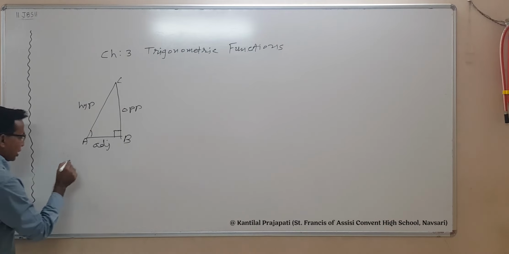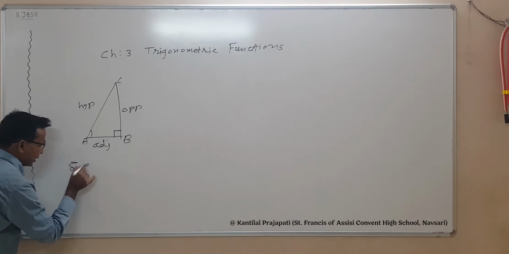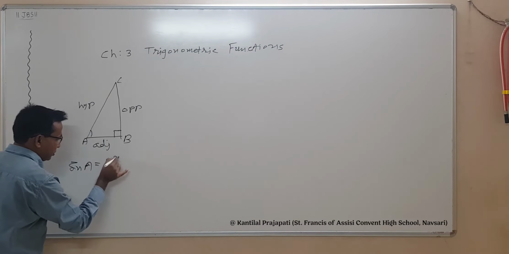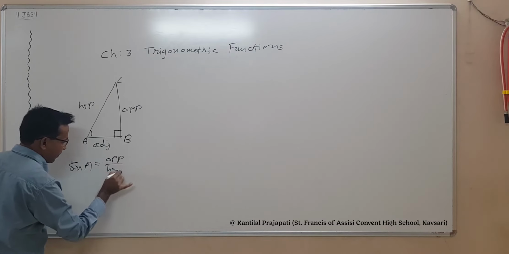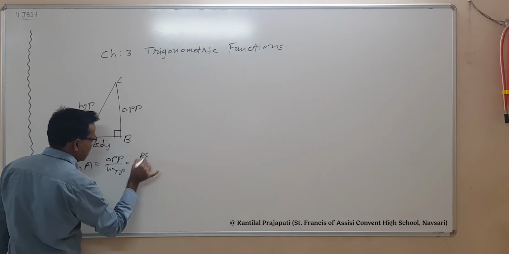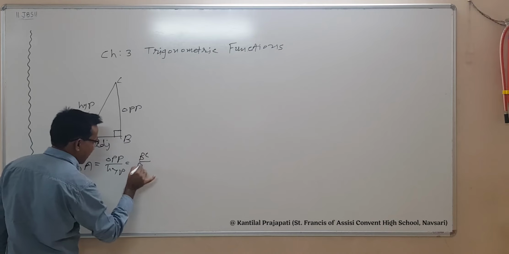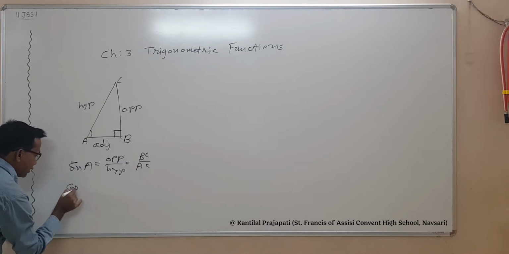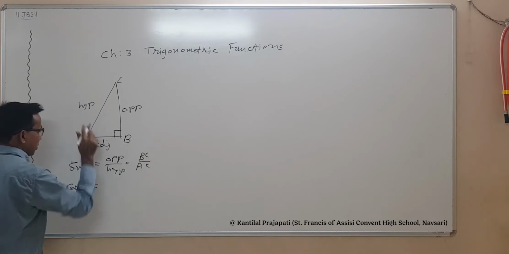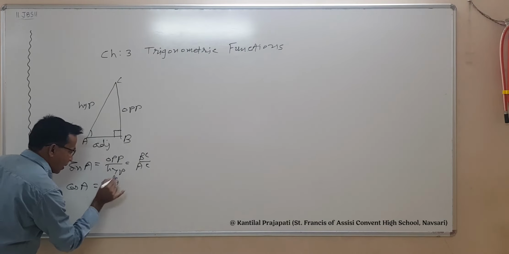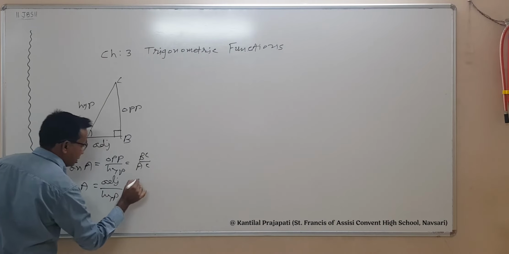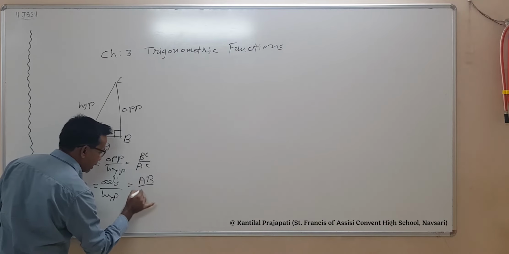From this we have already learned sin A is equal to opposite upon hypotenuse, and is equal to BC upon AC. Cos A is adjacent upon hypotenuse, and is equal to AB upon AC.